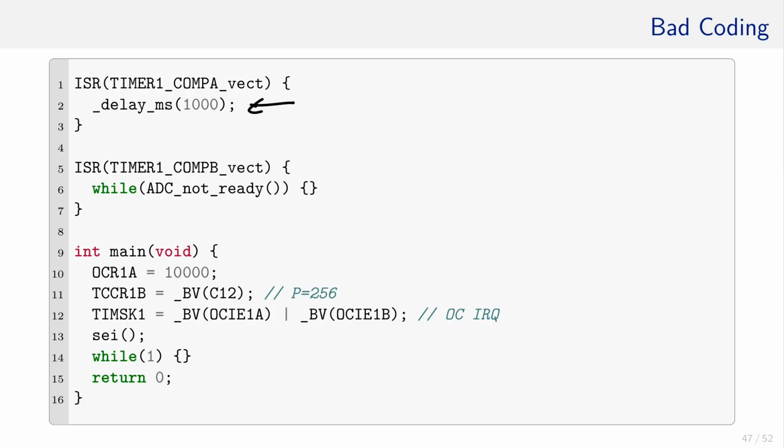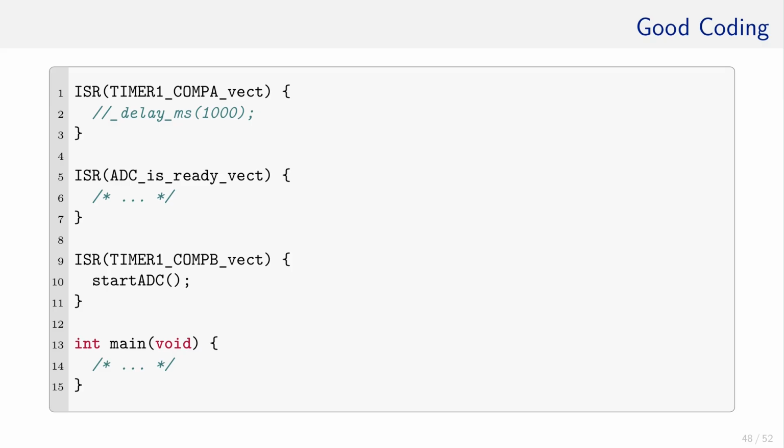Another example is in the ISR for timer 1 comp B. It contains a waiting while for the ADC, which will be handled later in the course. While the CPU polls the ADC is ready bit, it cannot do anything else. Many times, polling can be replaced by another interrupt. And in case of the ADC, there is actually an interrupt that the ADC can use if it is ready.